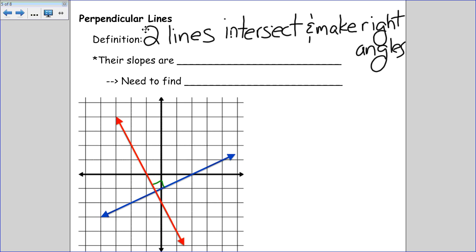All right, we know that their slopes are opposite. Okay, they're opposite. And we need to find something called the negative reciprocal.